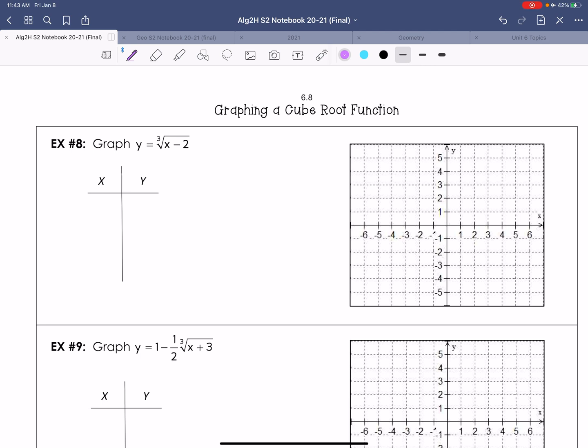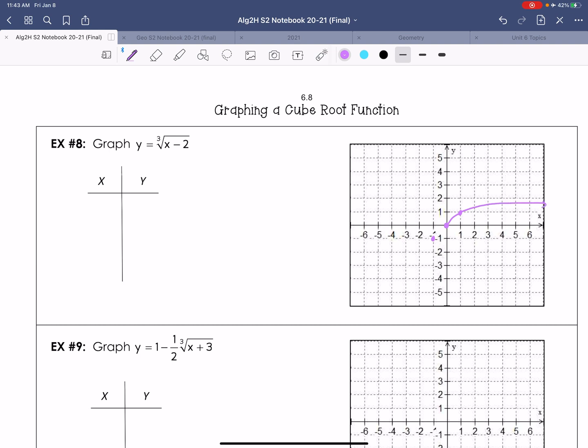So the parent cube root function goes 0, 0, 1, 1, negative 1, negative 1. Our third point would be 8, 2, but that's not on our graph. The way I remember which way this curves is it's going to have that same shape as the normal radical, so it's going to look like this.